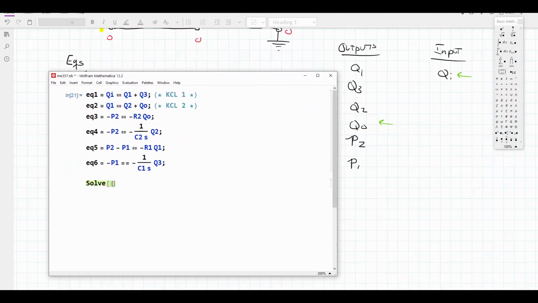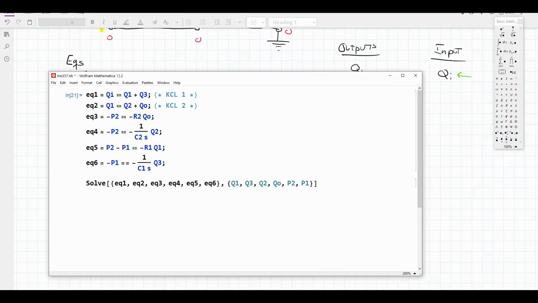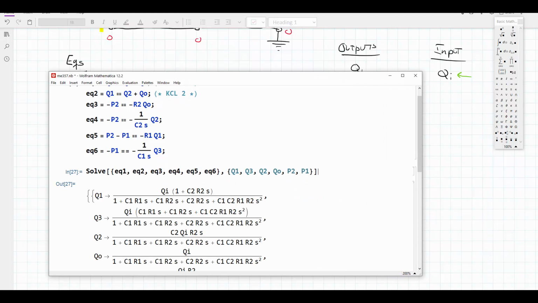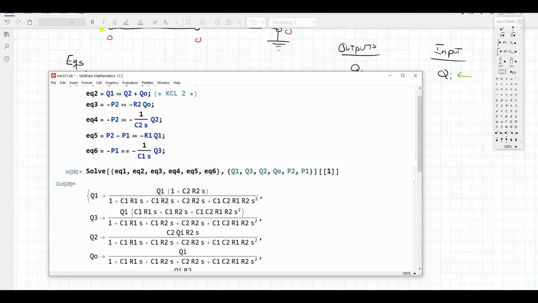So solve 6 equations, EQ2, 3, 4, 5, and 6, for Q1, Q3, Q2, QO, P2, and P1. 6 equations, 6 outputs, so I will let it solve them. Everything, it looks like it was able to do it.